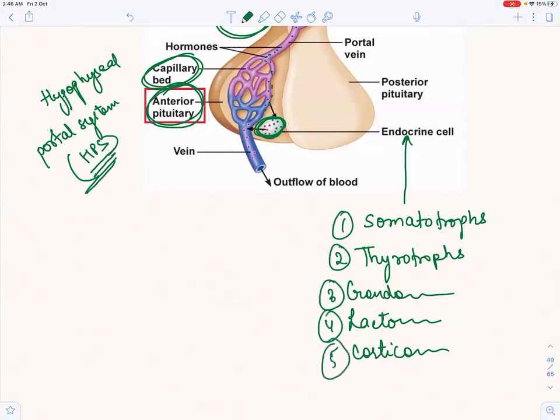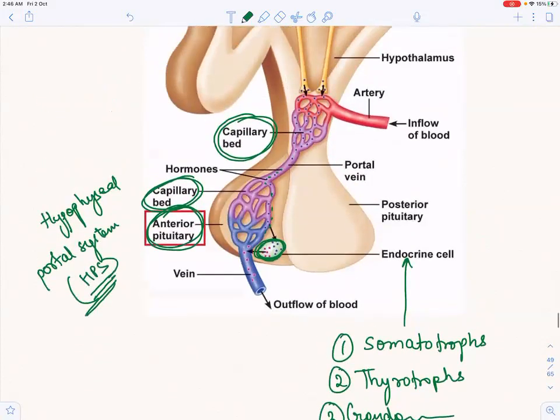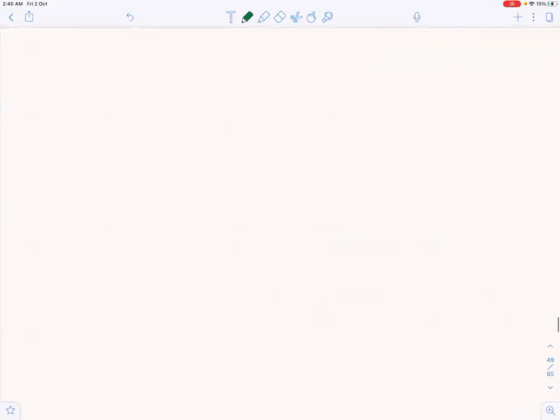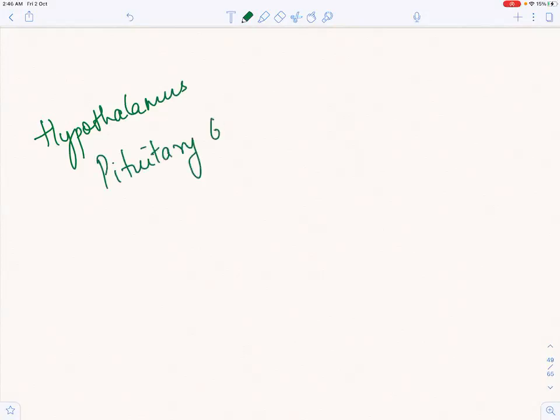So now guys, today's lecture is over. It was a big lecture, but a very, very informative lecture. We have done the whole of the hypothalamus, this structure. We have done the whole of the pituitary gland. These form a very important part of the endocrine system. We have done both in detail.